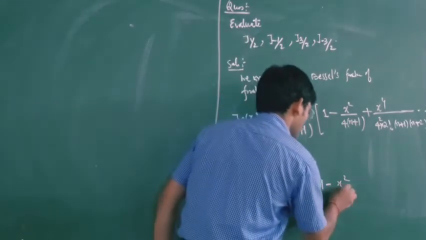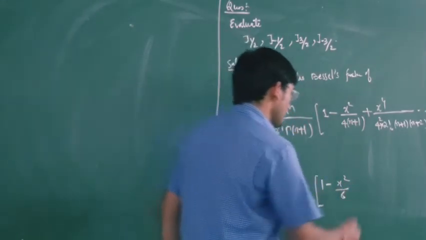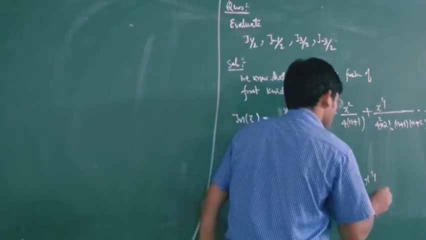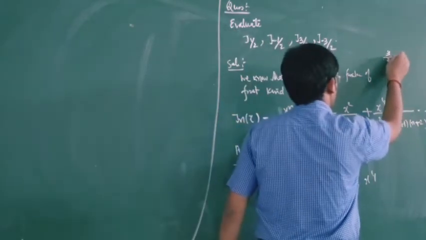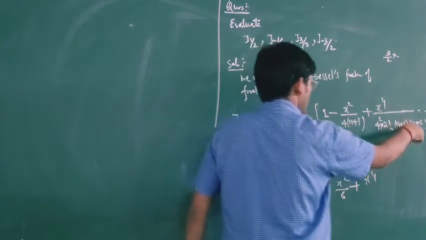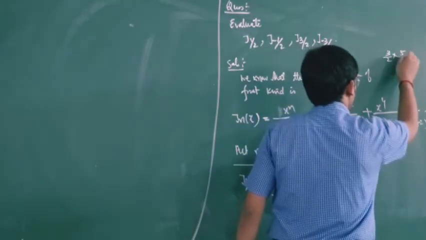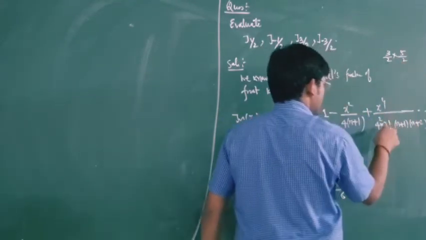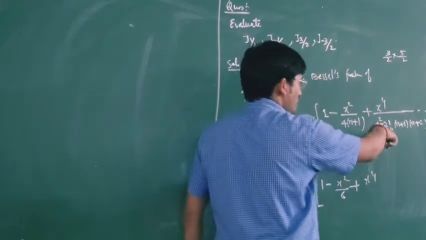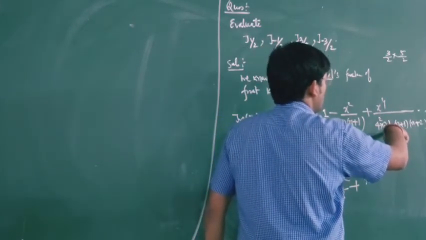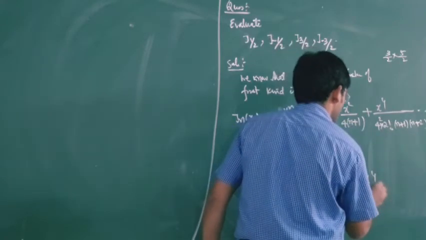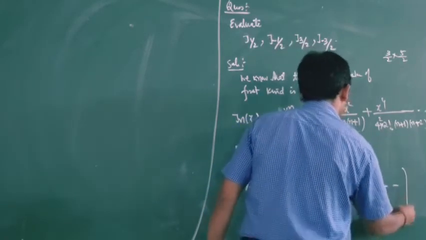So we will have 6. And here your first term is 3 by 2, and this will be 5 by 2. So this 4 will get cancelled with this 4. So we will have 4 into 30, that means this is your 120 and so on.